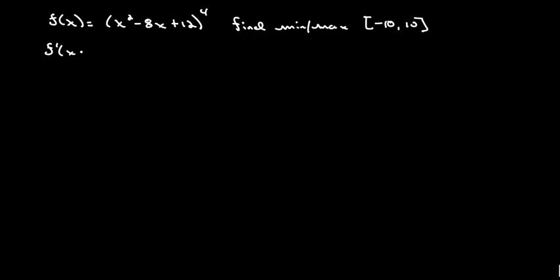So f prime, and that's equal to 4 times x squared minus 8x plus 12 to the 3rd times 2x minus 8. This right here, just the chain rule. Okay. Now we can take a look at this and see if we can factor it.